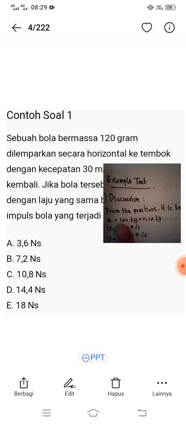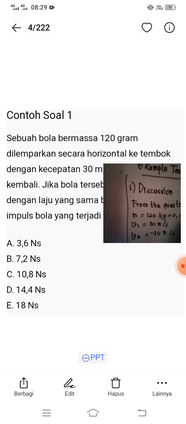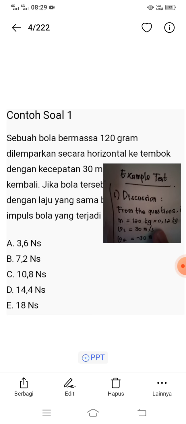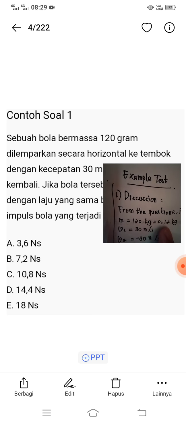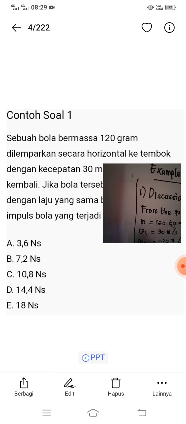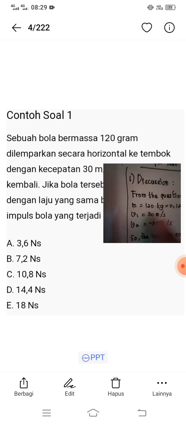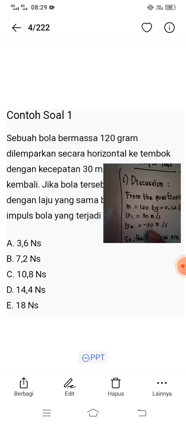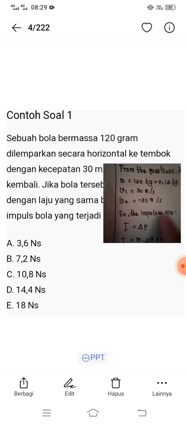Discussion. From the question, it is known m is 120 grams, which is 0.12 kg. Velocity 1 is 30 meters per second. Velocity 2 is minus 30 meters per second.